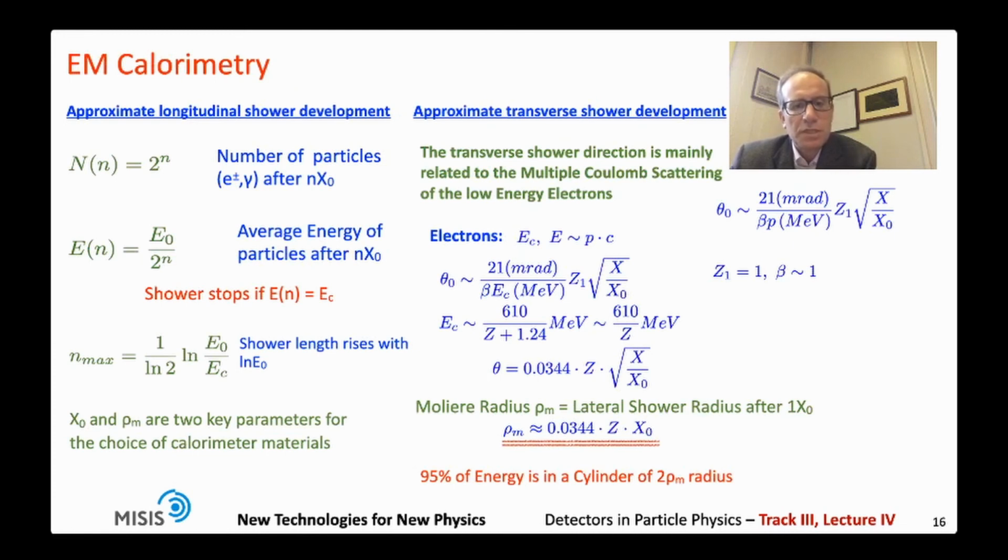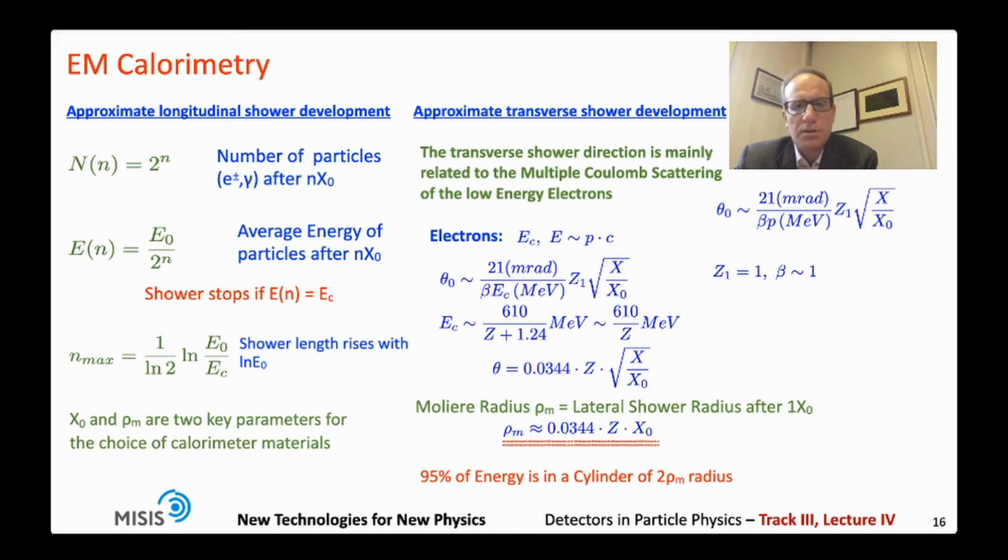And so, if we summarize what happens, we have discussed the longitudinal development of the shower, which is driven by the radiation length. If you analyze the transverse development of the shower, this is dominated by the multiple Coulomb scattering of low energy electrons, and the scattering formula is given here.